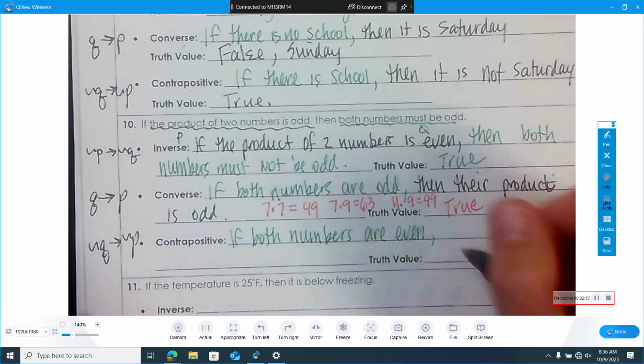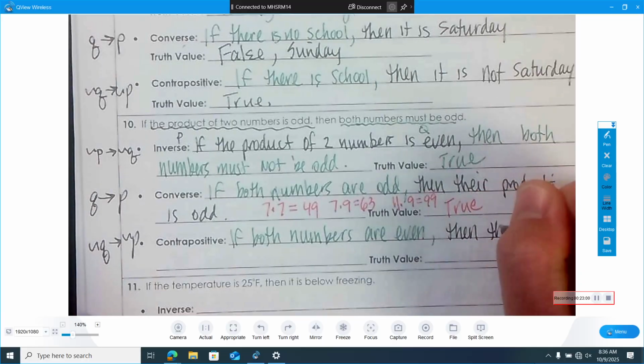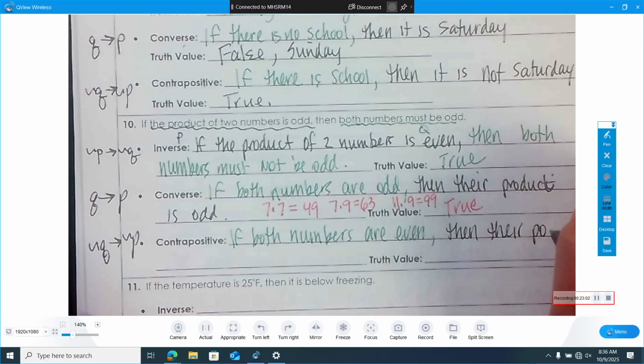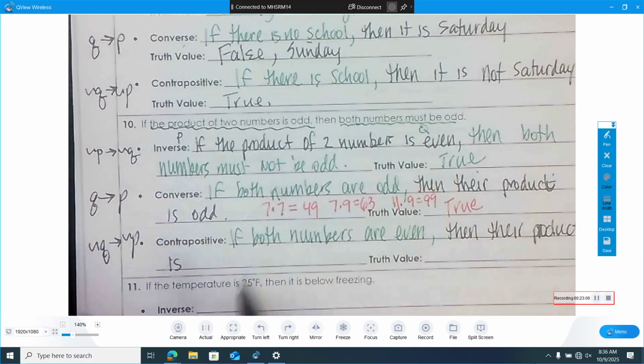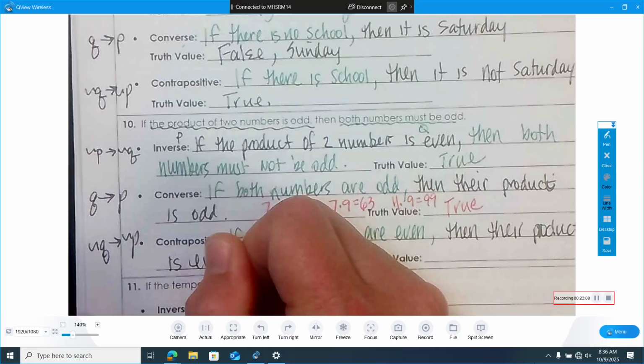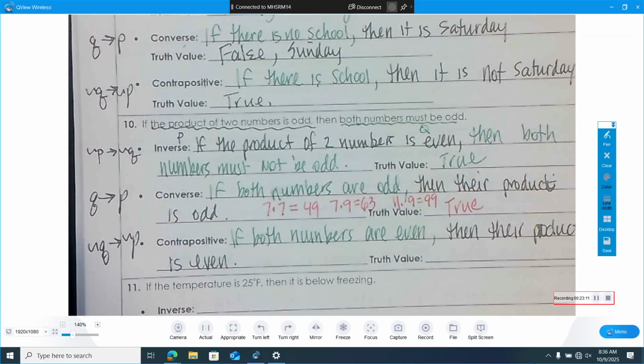What does that mean? Then their product is, again, not odd means even. All right, I like that. I like the translating there. That's really, really helpful.